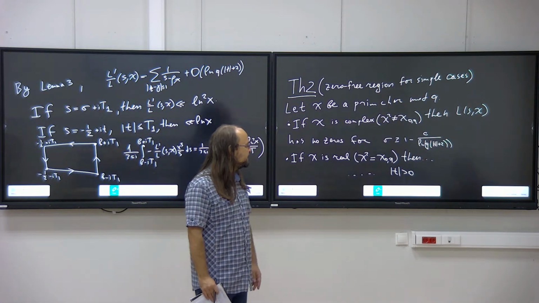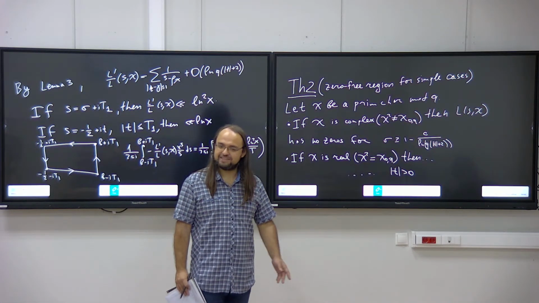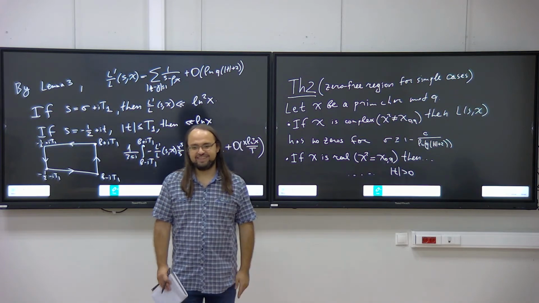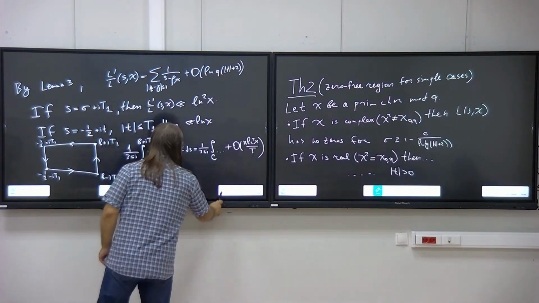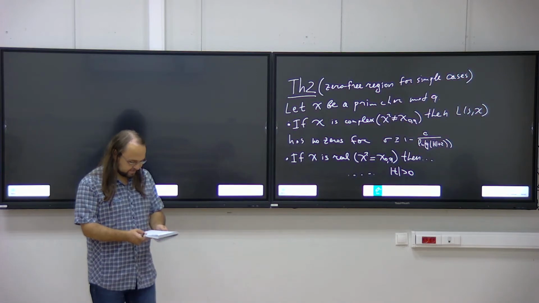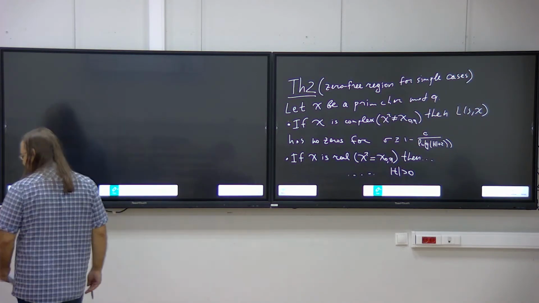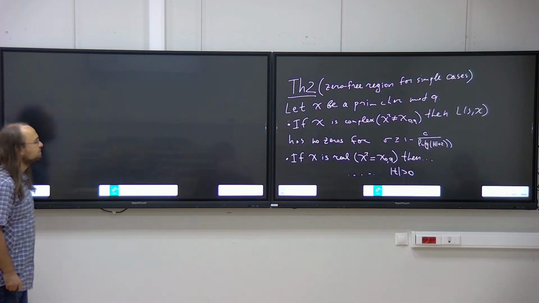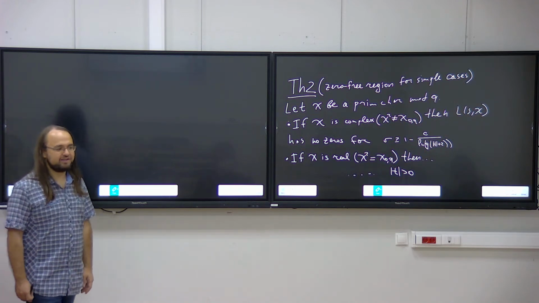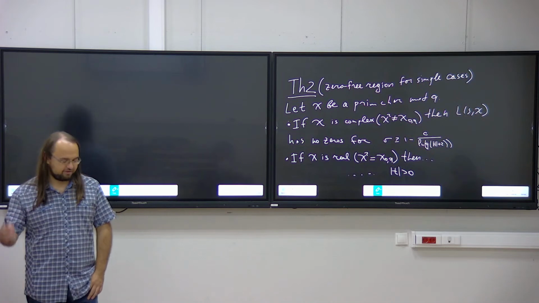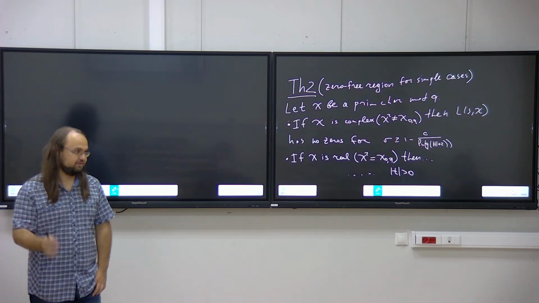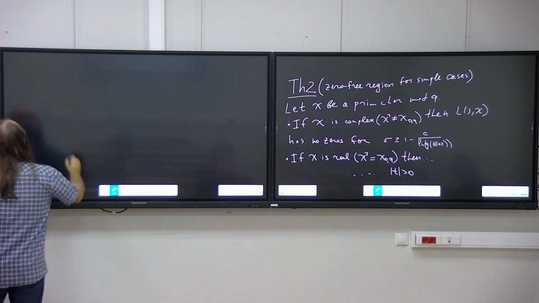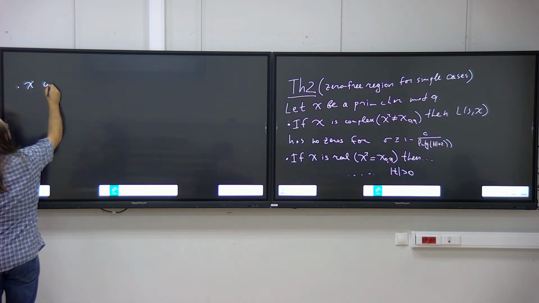And if you have a real zero of a real character, well, then we need to discuss. Okay. So let us first discuss the complex case. For the complex case, we will basically argue the same way we did for the Riemann zeta function. So chi complex.